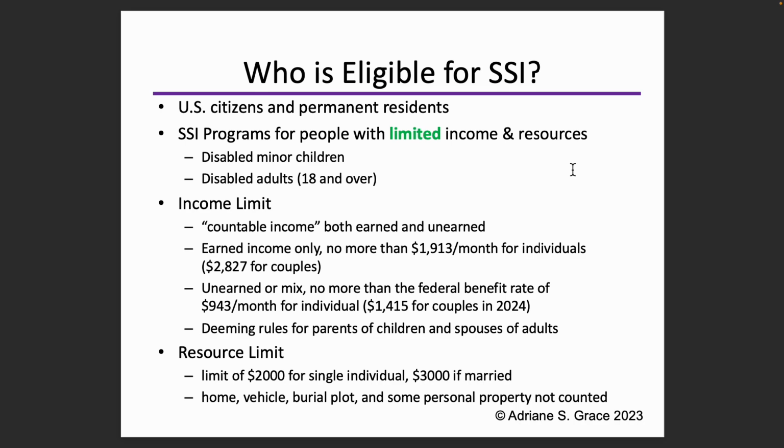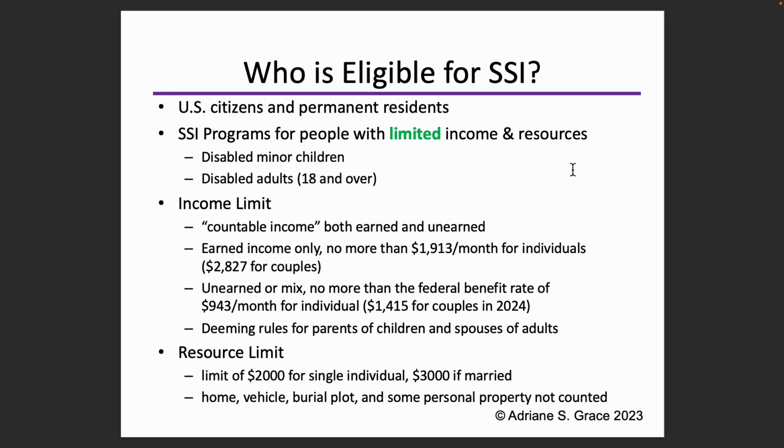They haven't changed them. It's very important to understand these rules because if your income increases for any reason, if your resources increase for any reason, or if you get married, you could lose the benefit. So this is probably the most important thing, and the most frequent question I get from parents is about maintaining SSI eligibility after your child gets approved.